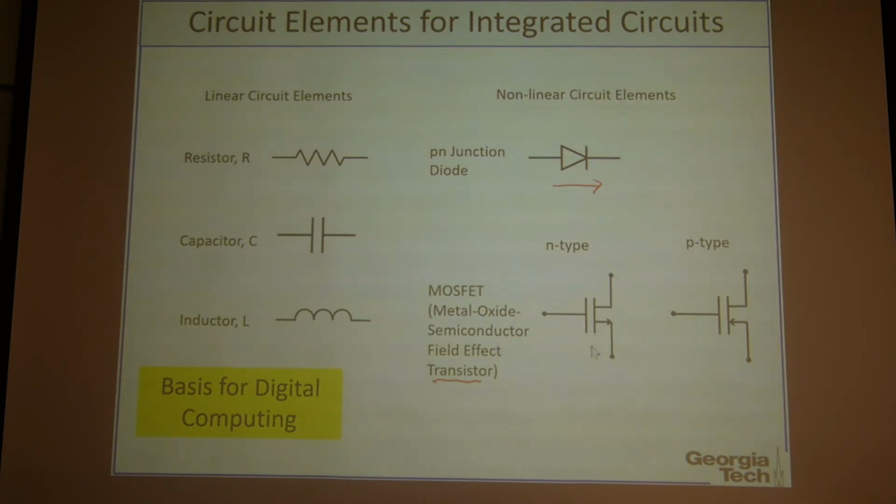Here we are going to learn the details of those nonlinear elements in the circuit. Maybe you have learned those linear circuit elements in 2040. Here we are going to learn the nonlinear elements, because those nonlinear elements, especially the transistor, are the basis for digital computing. You need this kind of circuit. The RC circuit will not work for your digital computation. You need this transistor.